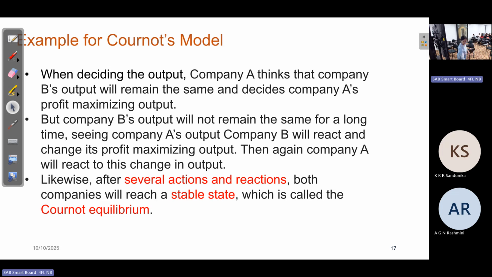We have two firms, A and B. Firm A thinks, okay, we will produce 50, and assumes we will not change the quantity.